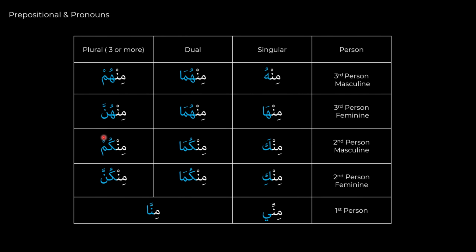Now, prepositions or harfu jars can have pronouns attached to them, just like how we learned before that an ism can have it, such as kitabuhu, so his book, or kitabuhuma, their book, right?